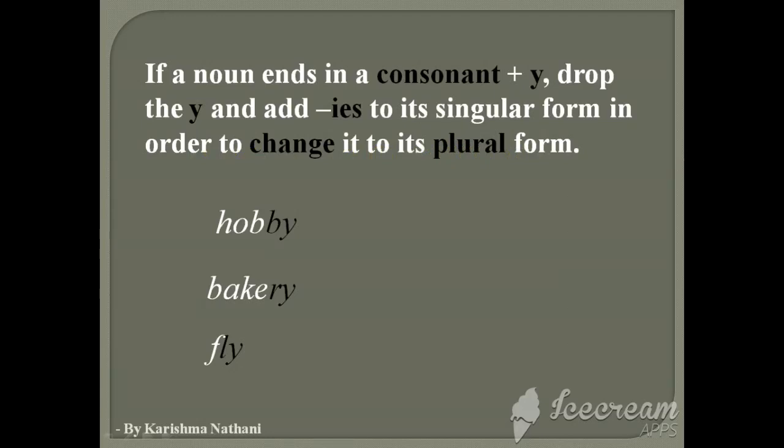Here b is consonant plus y, so the plural of hobby will become hobbies. We have to remove y and add ies. Same way, bakery. R is consonant plus y, so we will remove y, it will become bakeries. Remove y and put ies.